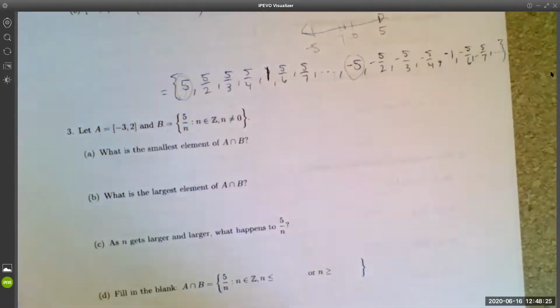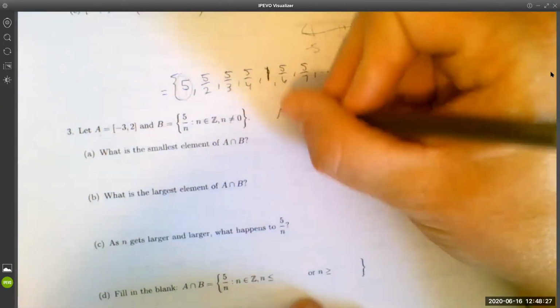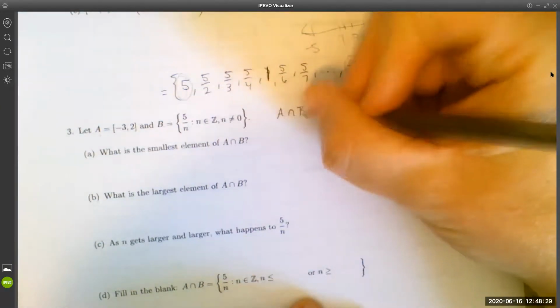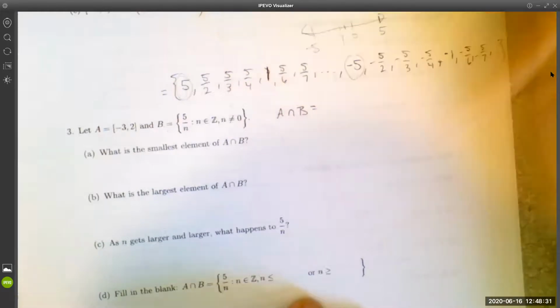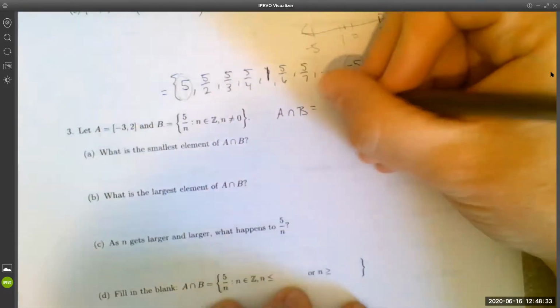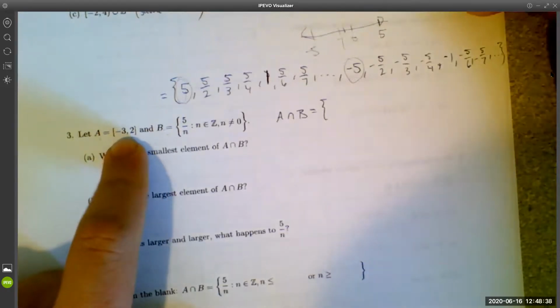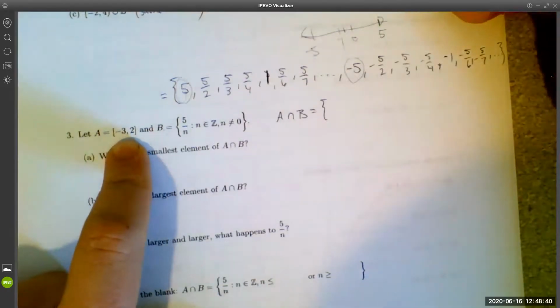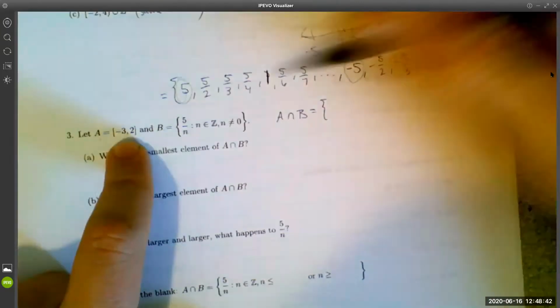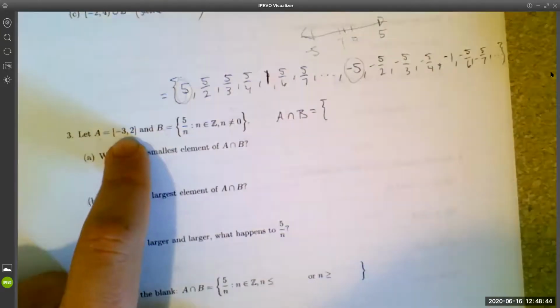So let's think about A intersect B now. A is all of the real numbers between -3 and 2. And then B is this weird set that we just wrote out up here.